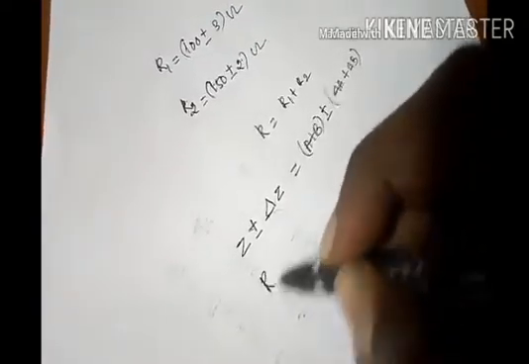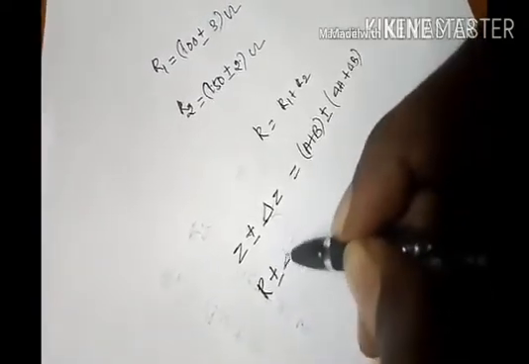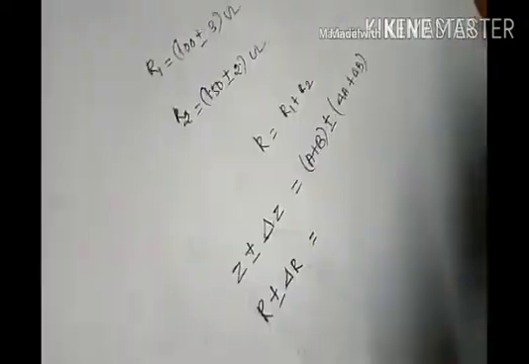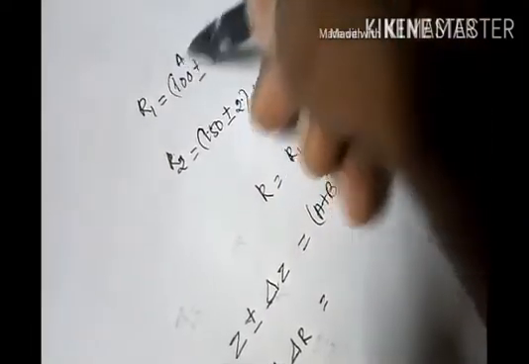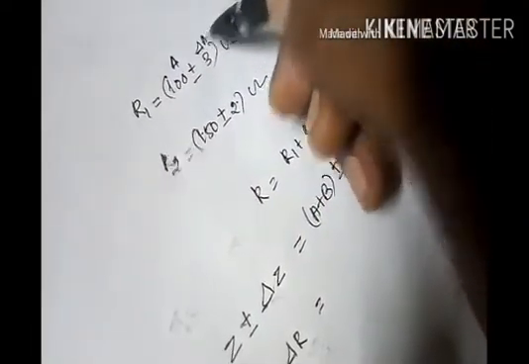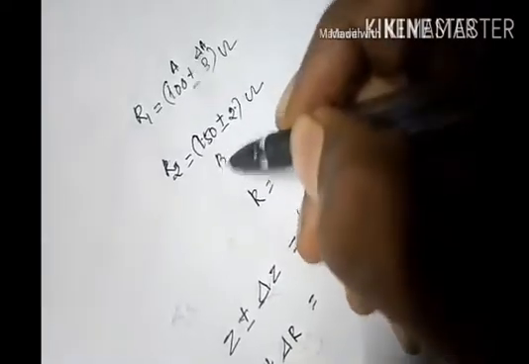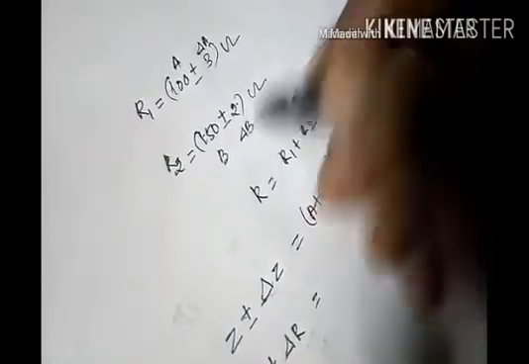So R can be written as R plus or minus delta R equal to, where this is A, this is delta A, this is B, this is delta B.